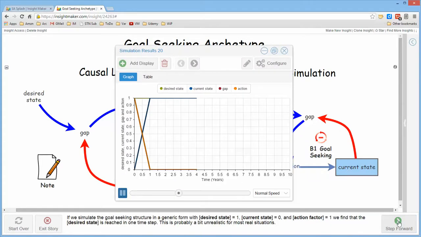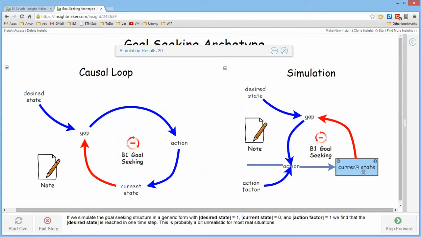Now, if we initially simulate this with an action factor of 1, the current state reaches the desired state in 1 time period, which is a little bit unrealistic, though it was done specifically for an intent, and that being that the difference between the current state and the desired state is generally something that you can't transition one to the other in a single time cycle.